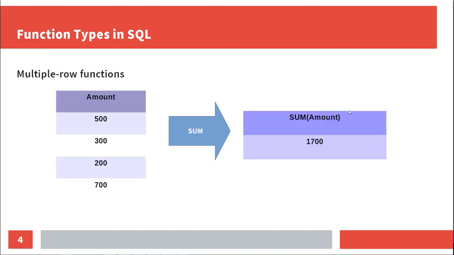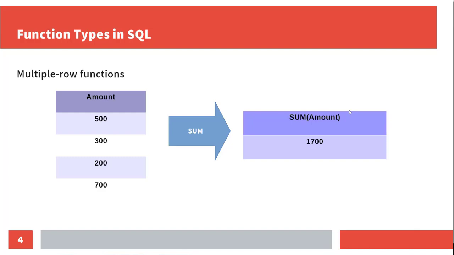What about a multiple row function? A multiple row function takes all the records of a field as an input, and as an output it will give us exactly one value, which depends on what function we used.